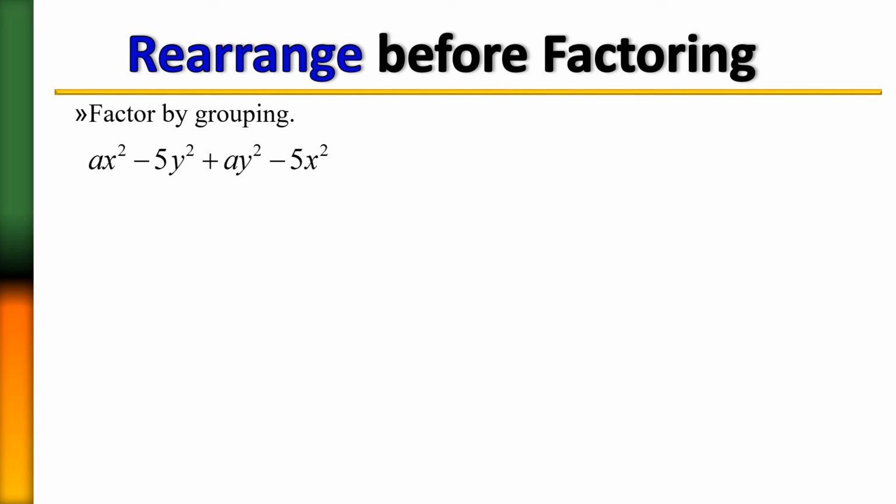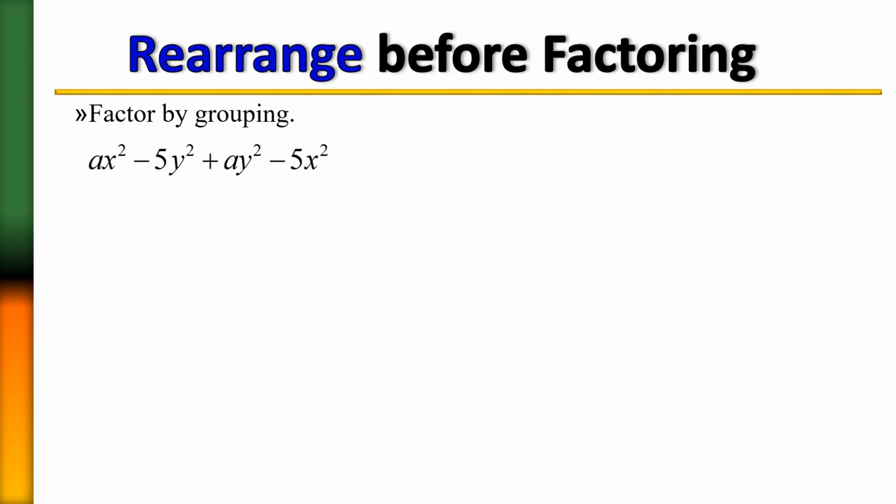You cannot use the 1 for both groups. When that is the case, you must rearrange the terms. In other words, play little musical chairs there, move the terms around and pair them with someone that they do have something in common with.